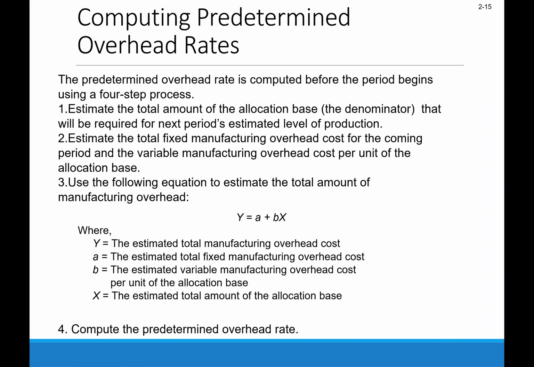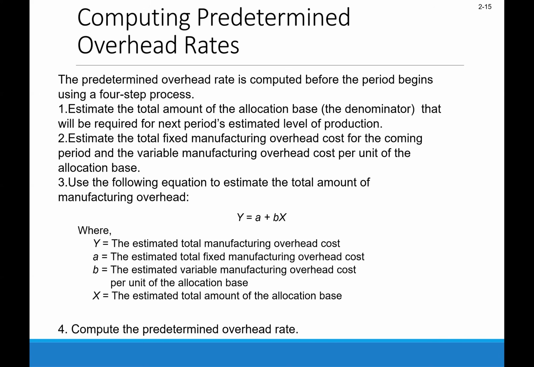It's computed before we start the month or the period or the quarter or the year. We estimate the total amount of the allocation base, which is the denominator, the bottom one, that will be required for the next period's estimated level of production. So we estimate the total fixed manufacturing overhead, and we estimate the variable manufacturing overhead.